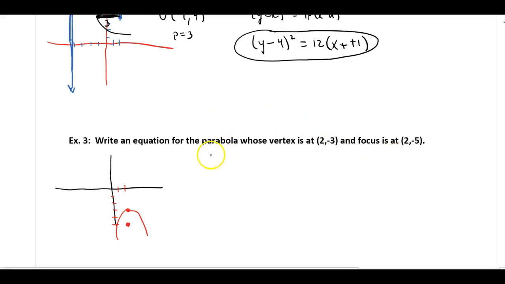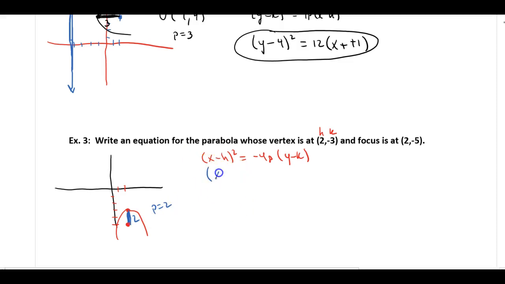And if this opens down, I'm going to use (x - h)² = -4p(y - k). So right away, if my vertex is at (2, -3), I already have h and k. Now I need p. Well, what is the distance between the vertex and the focus? That would be 2 units. So p is 2.